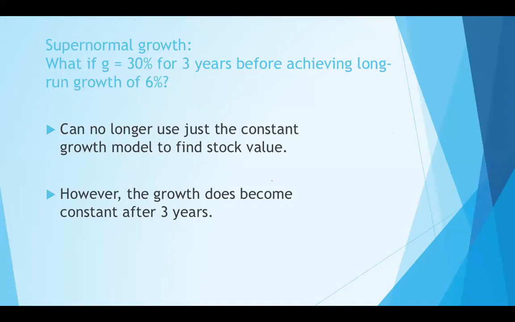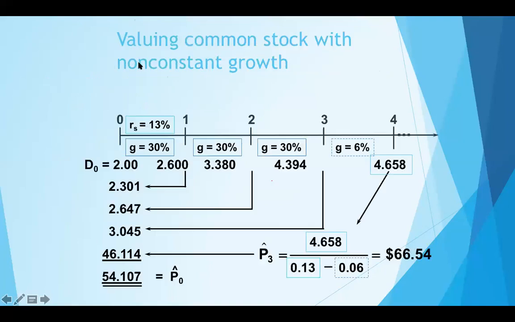Then it became a constant after 3 years. So the best way to do it is manually for these 3 years, like this one, right? Do it manually. The first year, our dividend increased 30%.